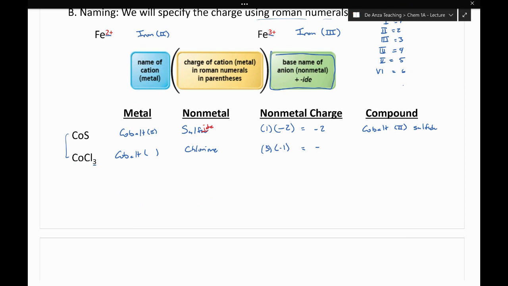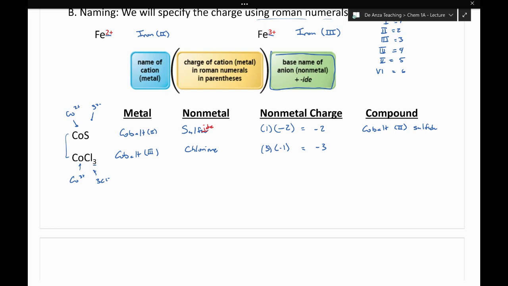That means the net anionic charge from your nonmetal is -3. So to get charge neutrality, if we only have one cobalt, it has to come up with all the positive charge. So we'd say that our cobalt is cobalt 3+, to balance out the 3 minuses from 3 chlorines. The previous one was cobalt 2+ to balance out the charge from a single sulfur 2-.